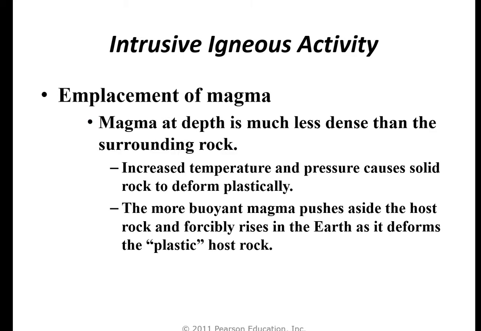Magma at depth is much less dense than the surrounding rock. Increased temperature and pressure cause solid rock to deform plastically. The more buoyant magma pushes aside the host rock and forcibly rises in the earth as it deforms the plastic host rock.